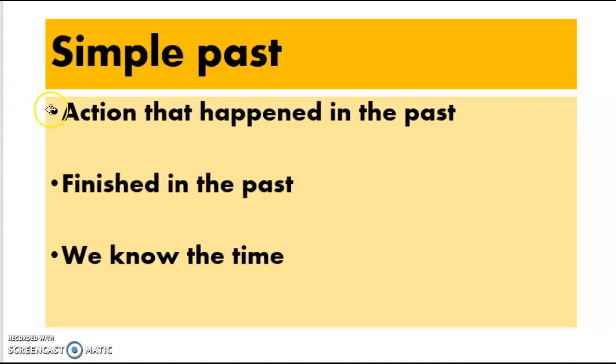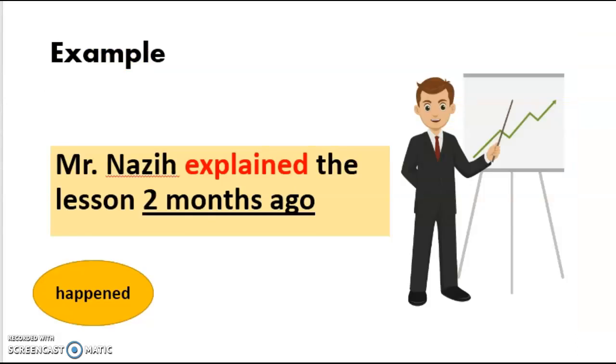So, first of all, the simple past is an action that happened in the past. It finished in the past, and we should know the time when it happened, when it occurred. For example, Mr. Nazih explained the lesson 2 months ago.